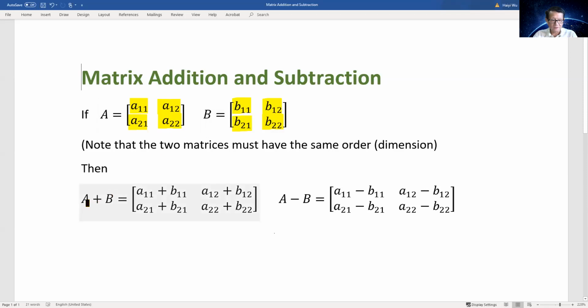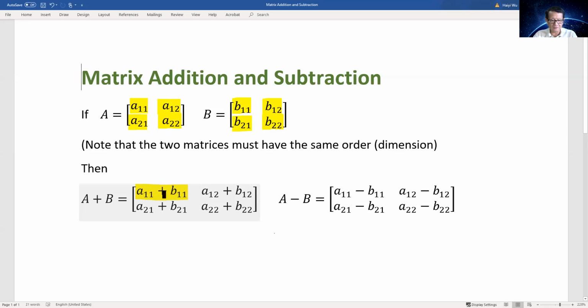If I say A plus B is equal to, first element, A11, so if we add the two matrices together, I just add A11 plus B11. Same position: first row, first column for both matrices.